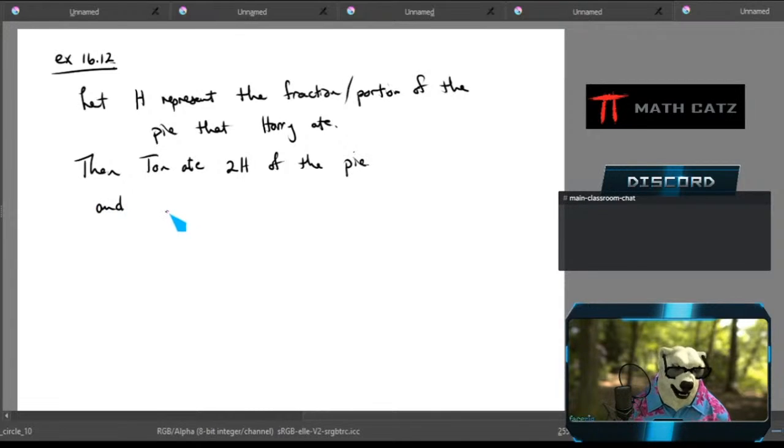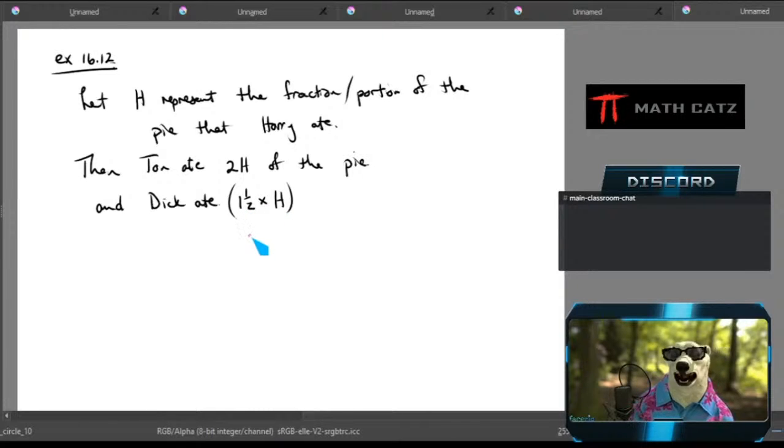And they say Dick ate 1.5 times as much as Harry. So you can write here 1.5 times h. I like the times here because in a calculation there really shouldn't be mixed numbers. Mixed numbers is a presentation thing.